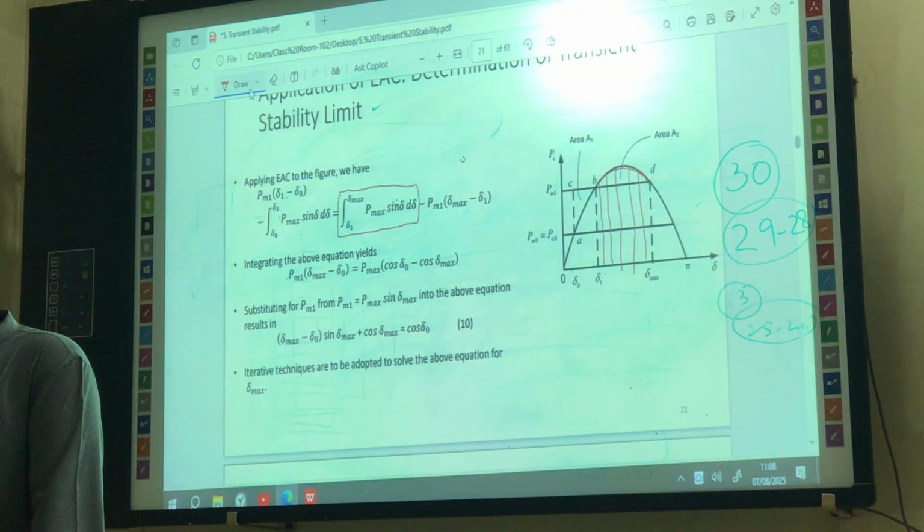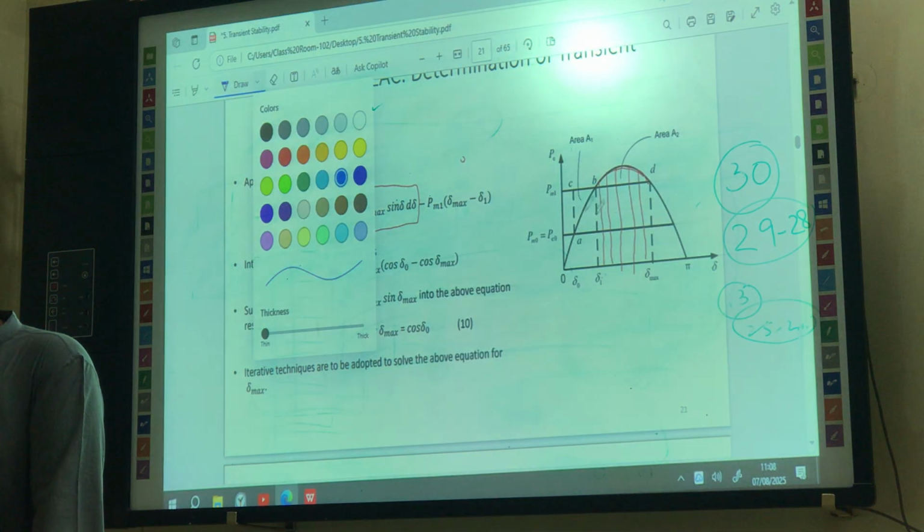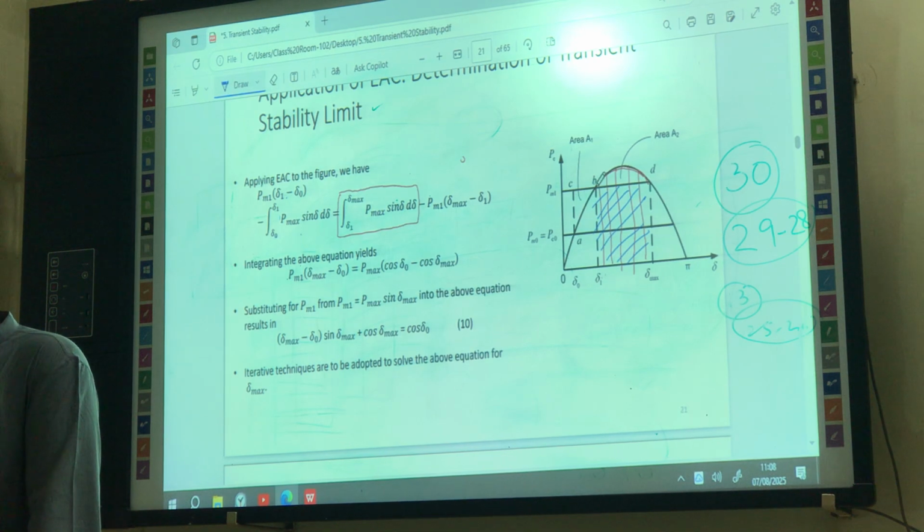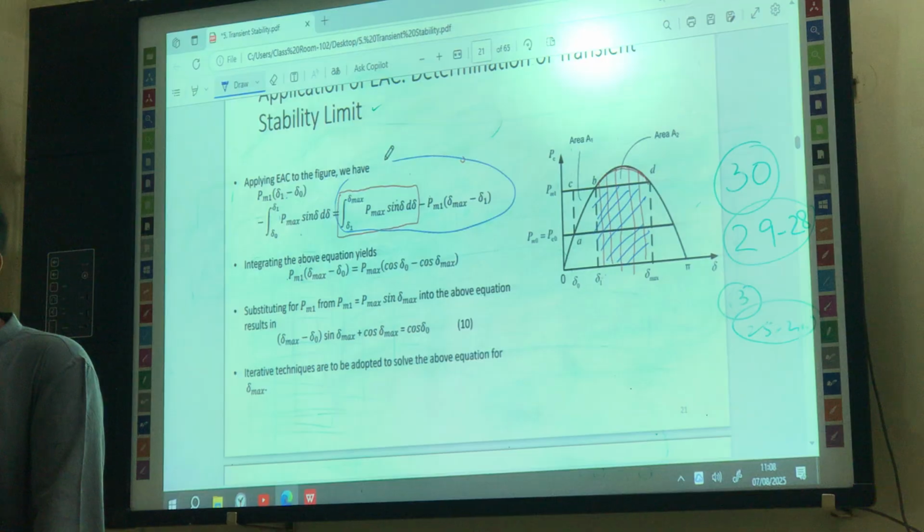That means let's say the blue one, this one you should subtract, right? So what is the area of the blue one? It is again a rectangle. So this is Pm1 and this side is delta max minus delta 1, right? So you will get the area of this blue one and this is the area of the other one. Then you will get area A2 from this expression.